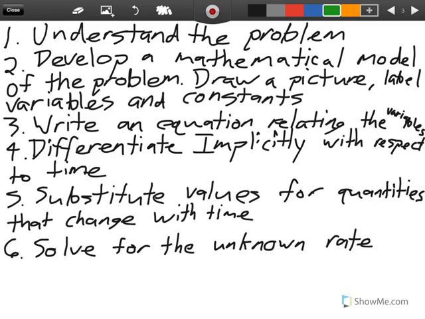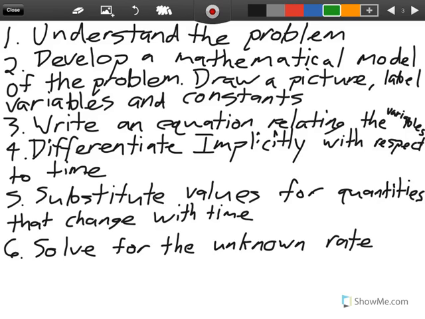Next, you write an equation that relates the different variables within the problem. Like I said, that's usually a geometry formula. Then you differentiate that formula implicitly with respect to time. That means you take the derivative of each variable with respect to time.